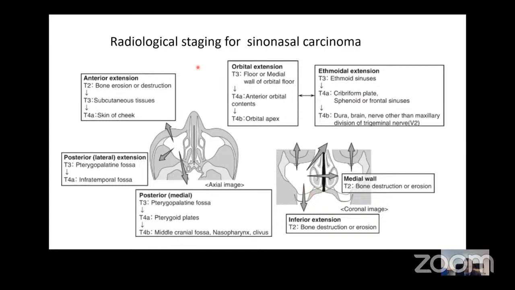So if we use this sort of algorithm, it will be very useful for radiological staging in sinonasal cancers.